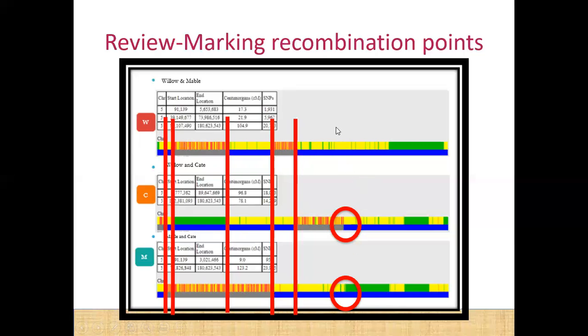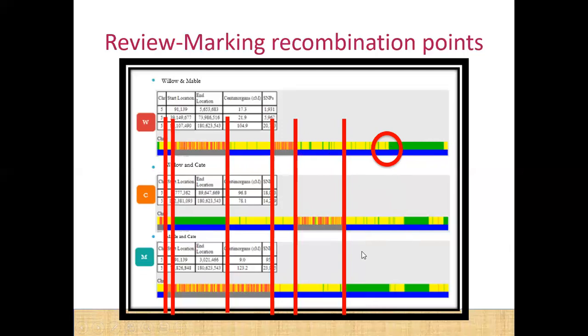We see no change up here in the Willow and Mabel comparison, so we can go ahead and put our line of recombination in and move forward. Willow and Mabel here have a change, moving from half identical, yellow on the top, blue on the bottom, to a fully identical match, green on the top, blue on the bottom.